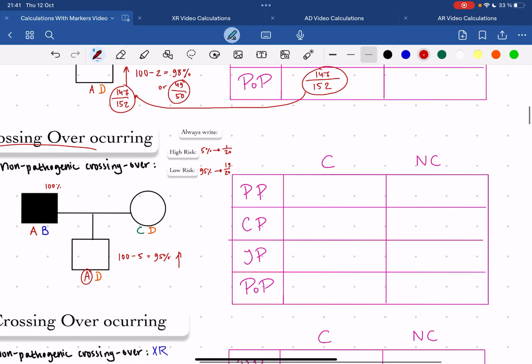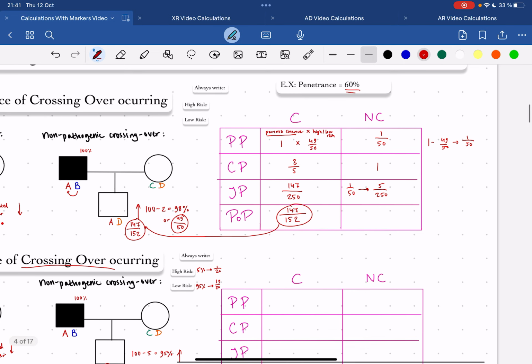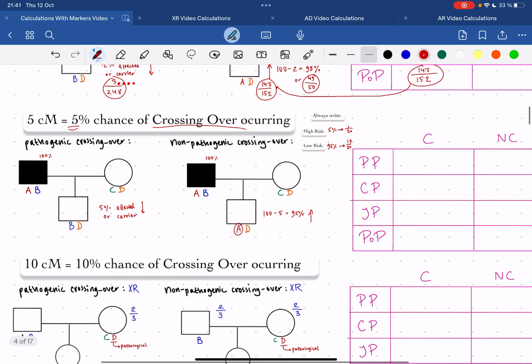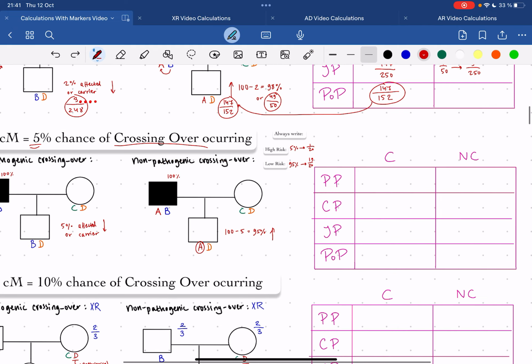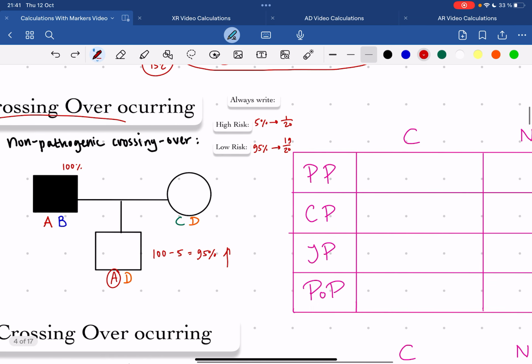So here for prior probability, it's parent's chance times high or low risk. So let's take this one as an example. The prior probability would be 1 times 95, which is 19 over 20.